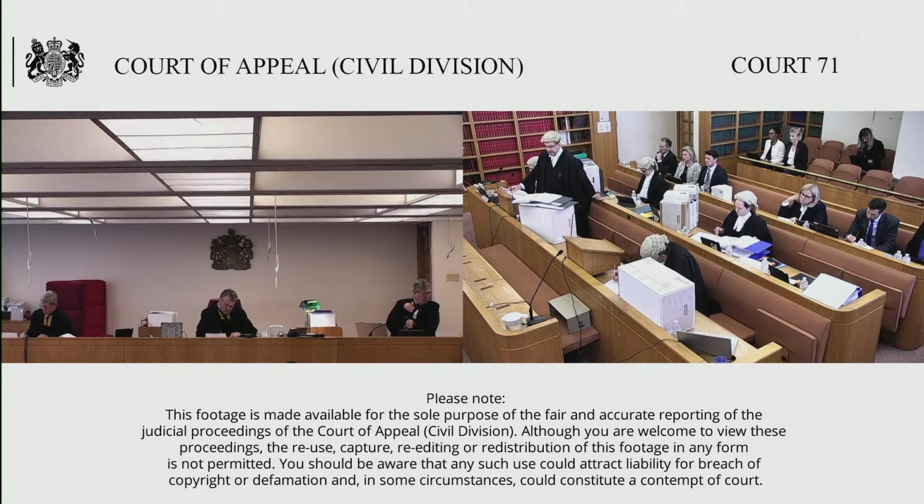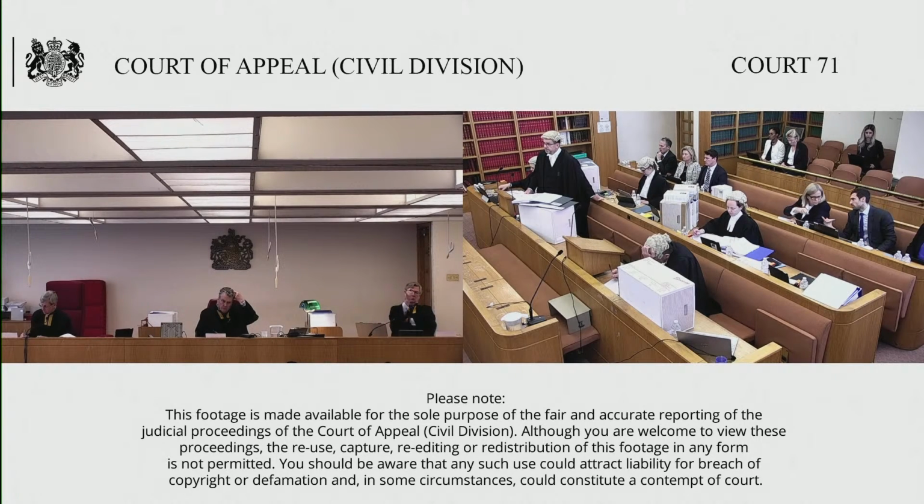Now, my learned friend said this morning that what he's seeking has some characteristics of anti-suit relief, but also it does not have characteristics of anti-suit relief. And in fact, what that really reveals is that what my learned friend is trying to do is to achieve the effect of anti-suit relief without even trying to satisfy the conditions for it. And that's the point that the judge made.